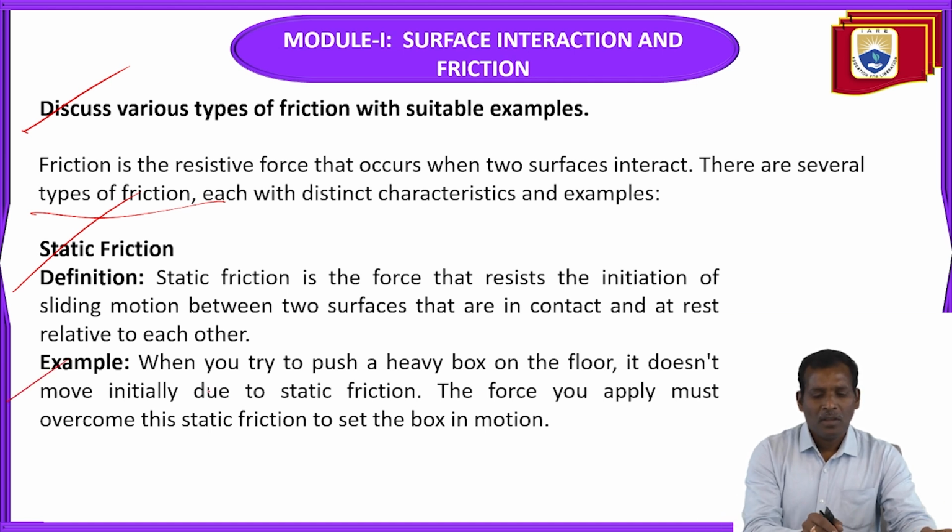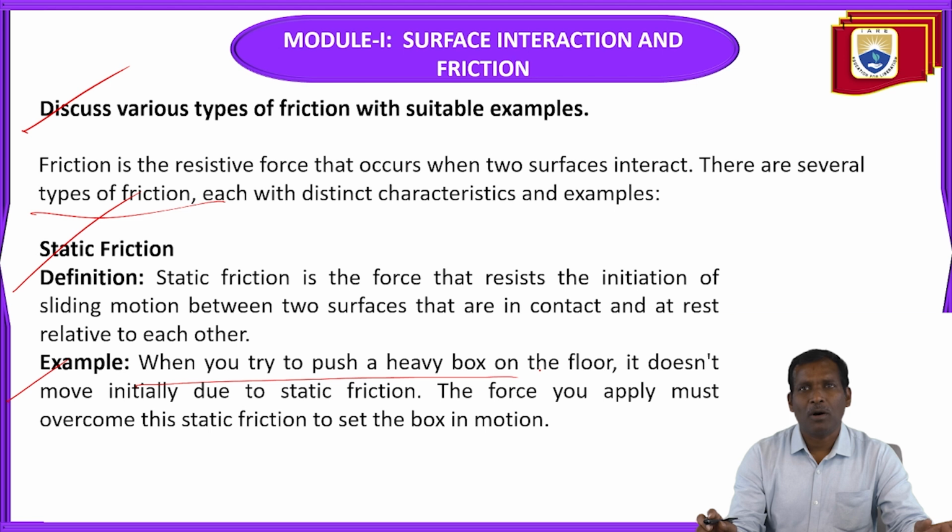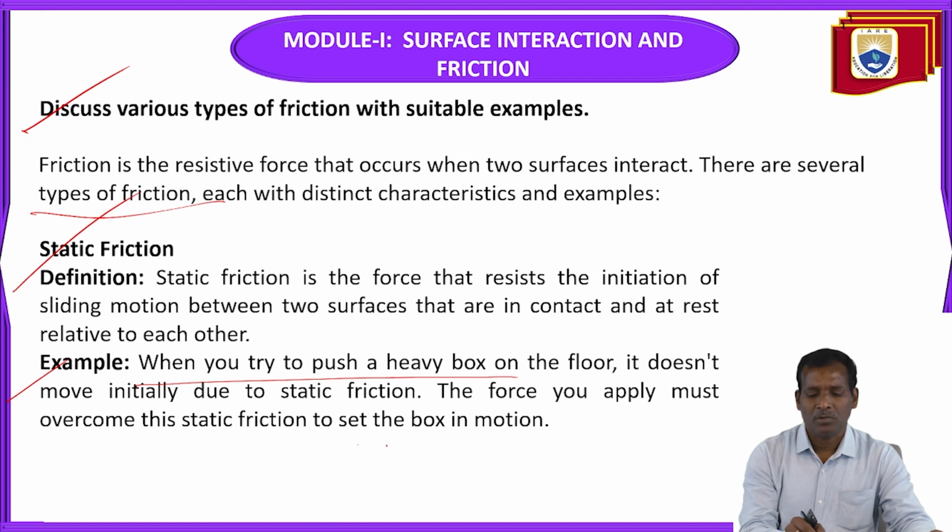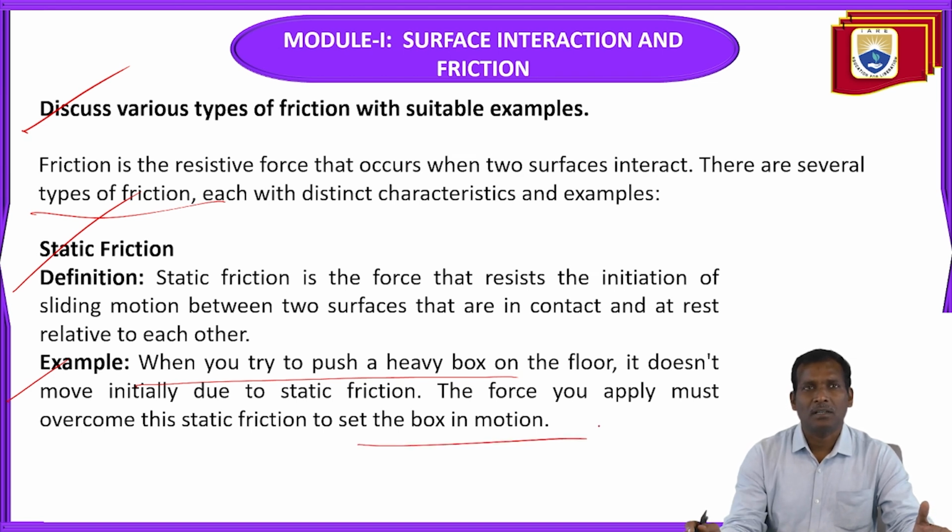Example: when you try to push a heavy box on the floor, it doesn't move initially due to static friction. The force you apply must overcome the static friction to set the box in motion. That comes under static friction.